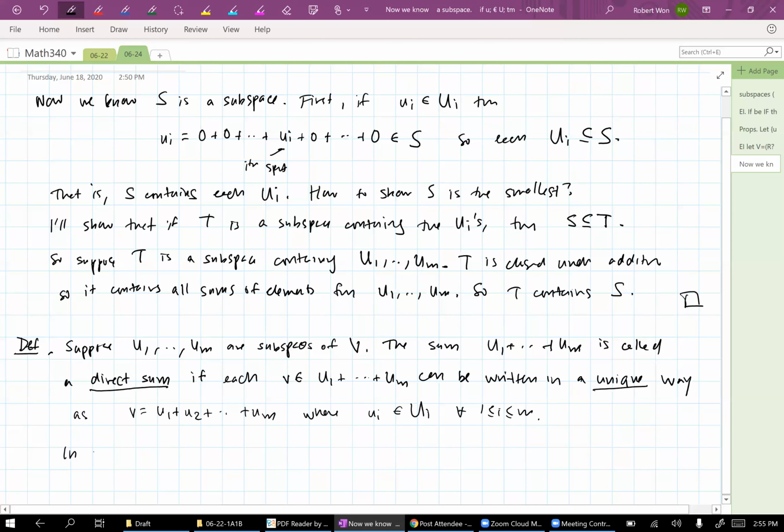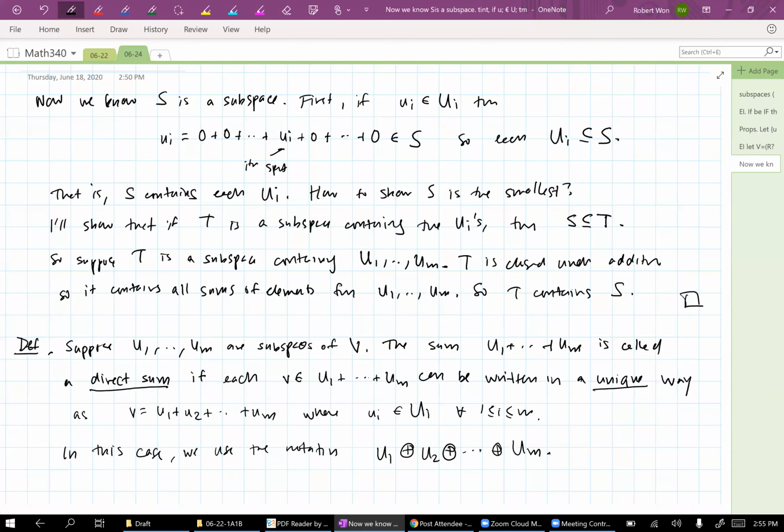In this case, if this is true for the sum, we use the notation, instead of just the plus sign, of putting a circle around the plus sign for the direct sum. So a direct sum is a sum that satisfies a special extra property, some sort of uniqueness of writing the elements as a sum.